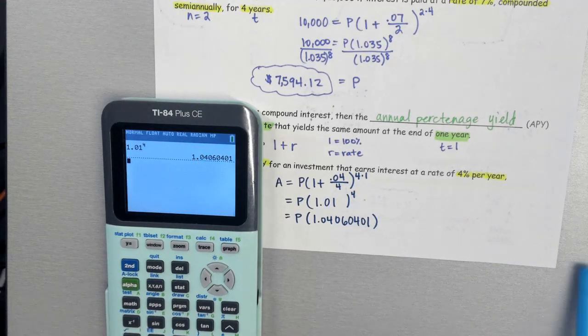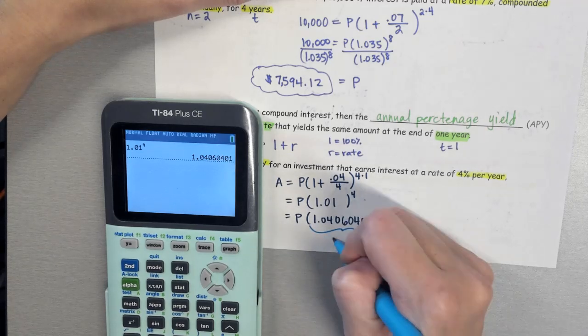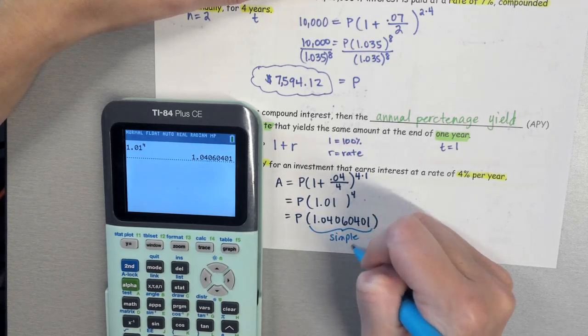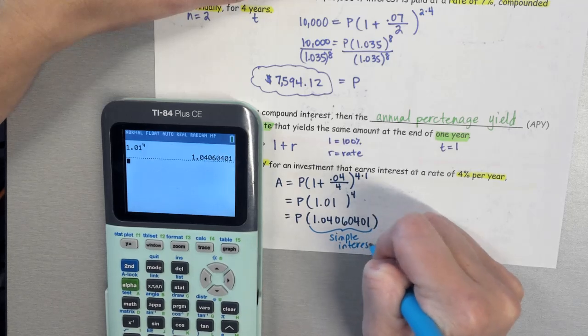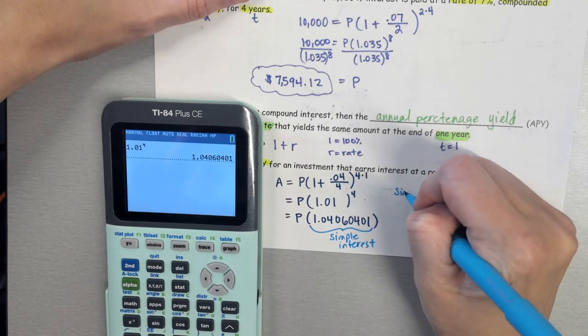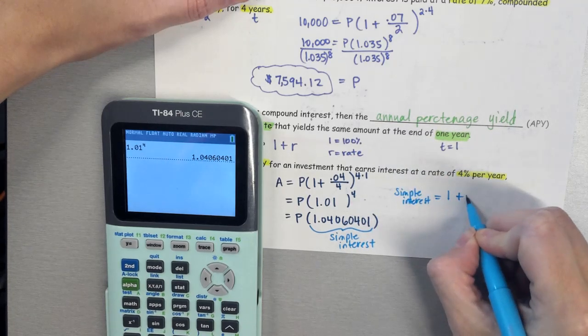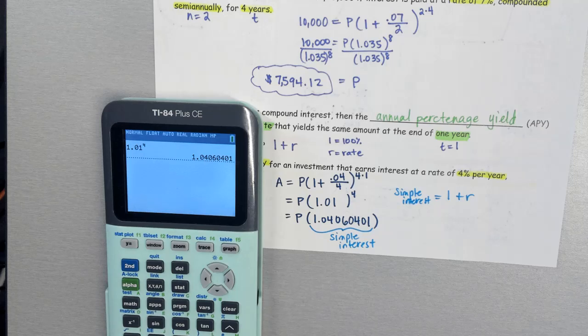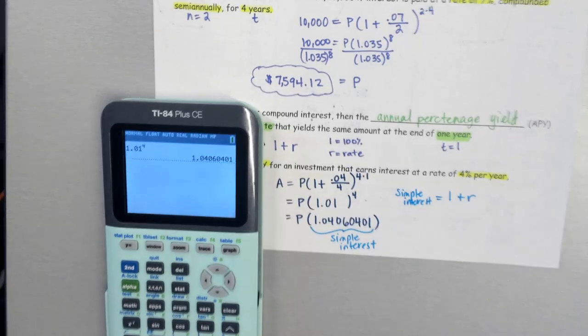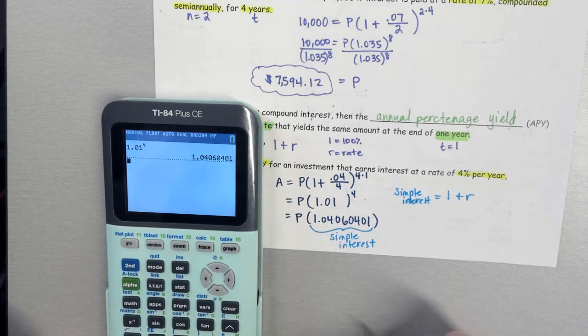Remember that this value here is going to be your simple interest. Okay, so this value that you created here, that is your simple interest. So if the simple interest is 1 plus r, then that means your r value is just going to be what?